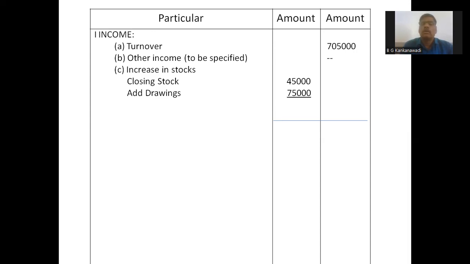Total is 1,20,000. Closing stock plus drawing. Then deduct the opening stock, 30,000. Now balance is 90,000. So difference in stock is 90,000.